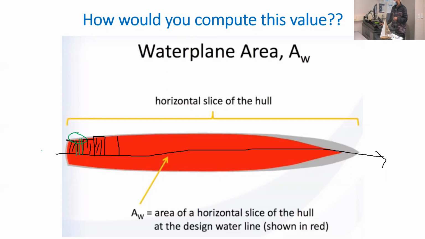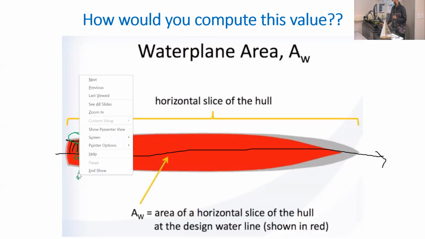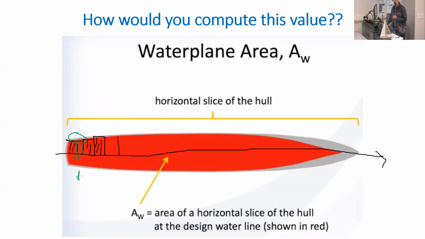Integration actually says that the width of these boxes is infinitely small. That's the dx part. Dx or delta x is the width of these boxes, so one side of the rectangle.